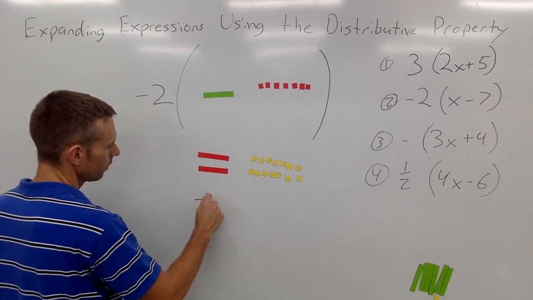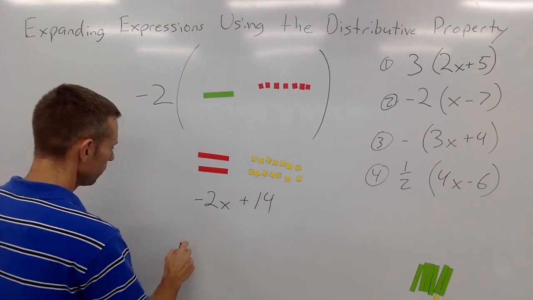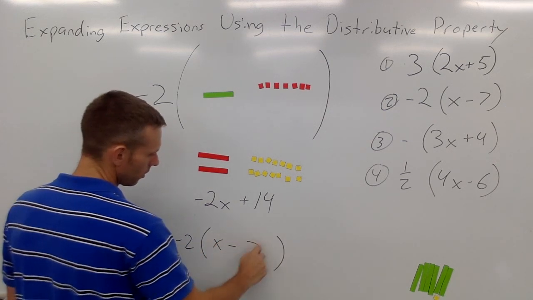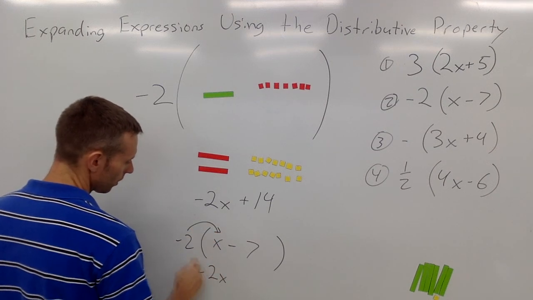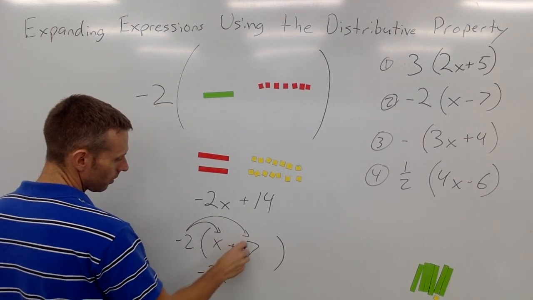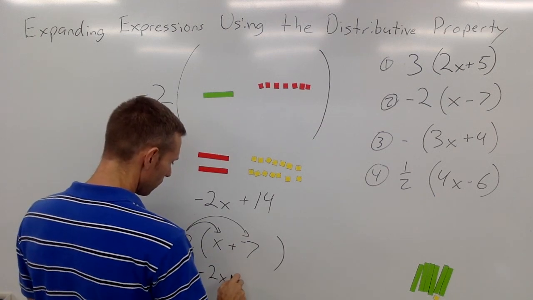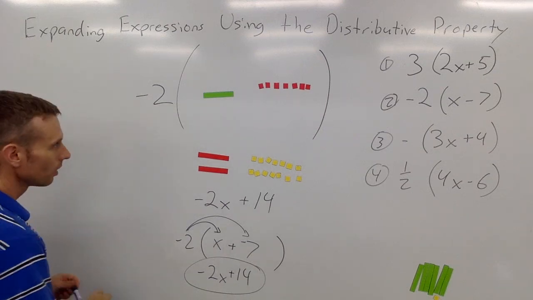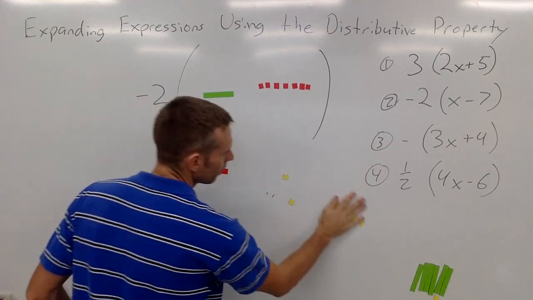So we have negative 2x plus 14. Without modeling, we would do negative 2 times x gives us a negative 2x. I think it's always easier to make this plus negative. So negative 2 times negative 7 gives us a positive 14.